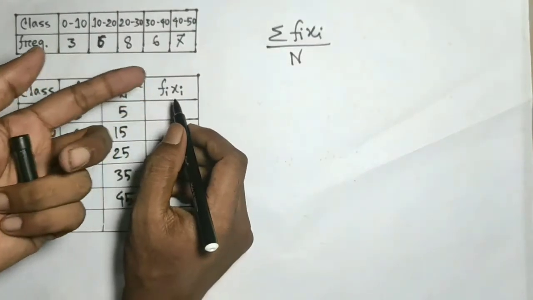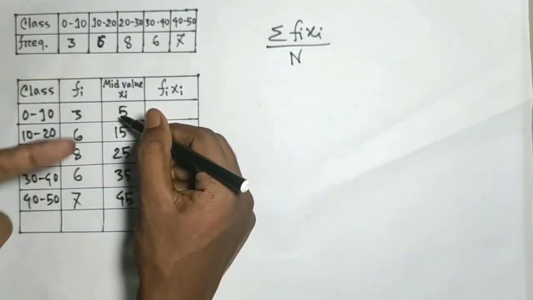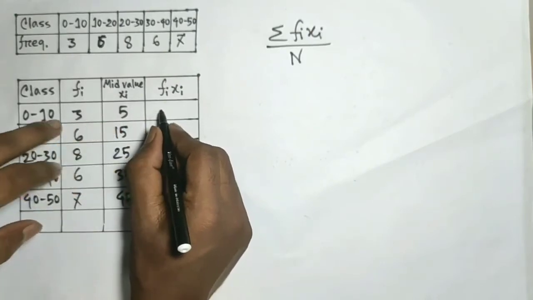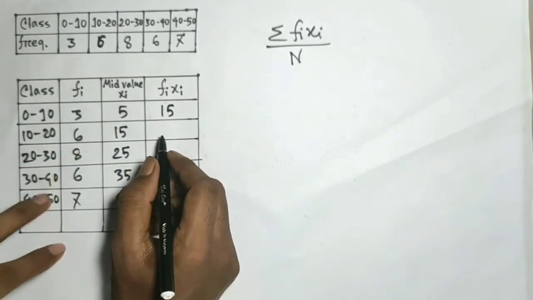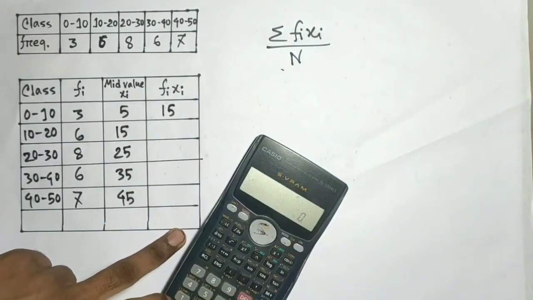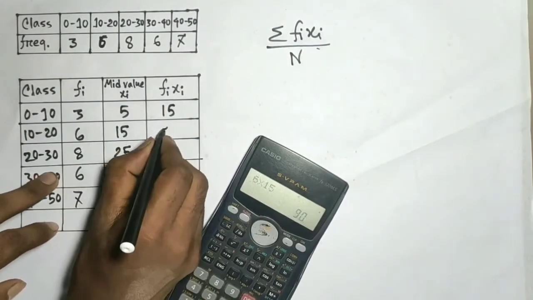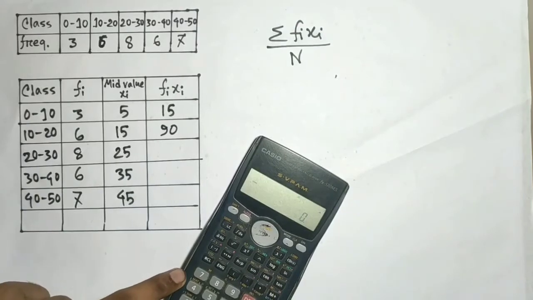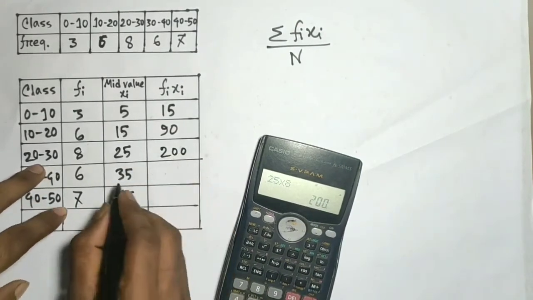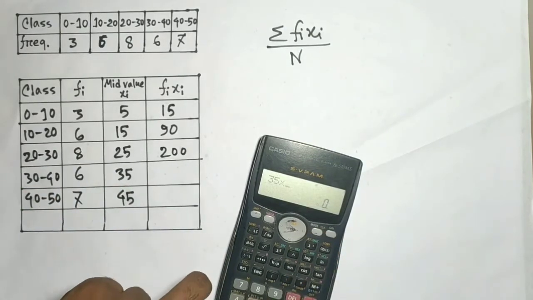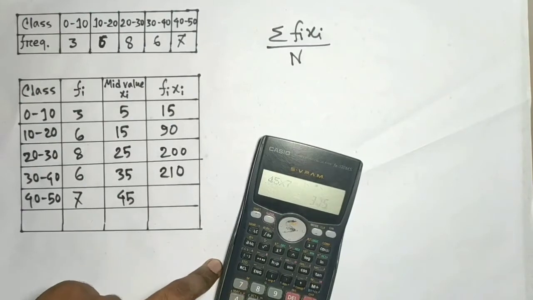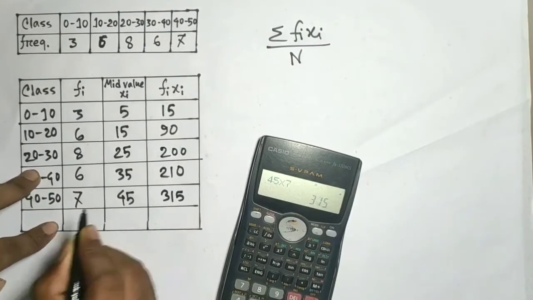And the multiplicative result of a middle value with its corresponding frequency: here 3 into 5 is equal to 15. 6 into 15 we can find out by using the calculator. 6 into 15 is equal to 90, and 25 into 8 is equal to 200, and 35 into 6 is equal to 210, and 45 into 7 is equal to 315.